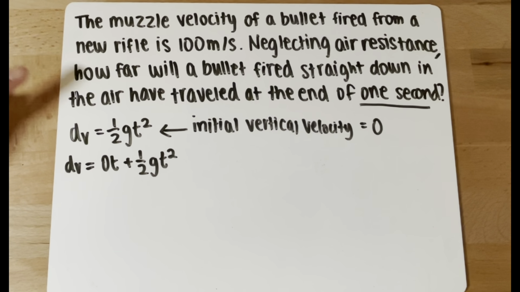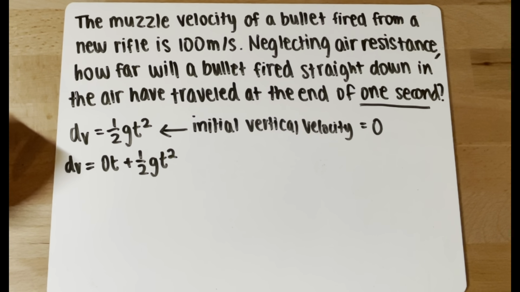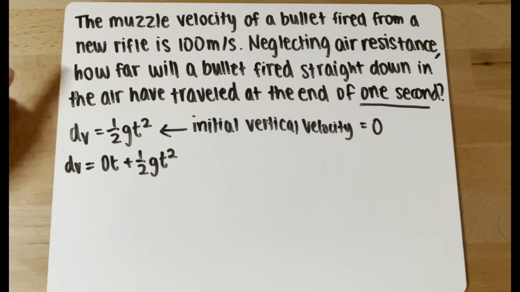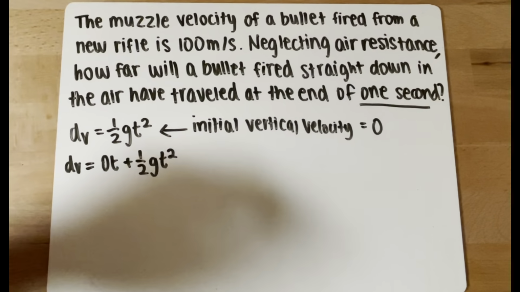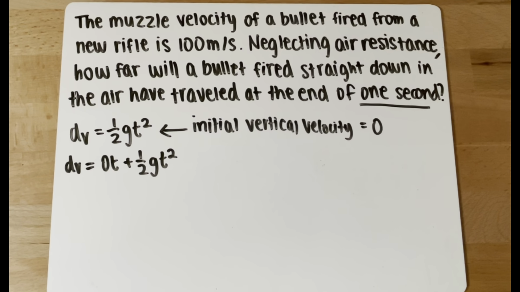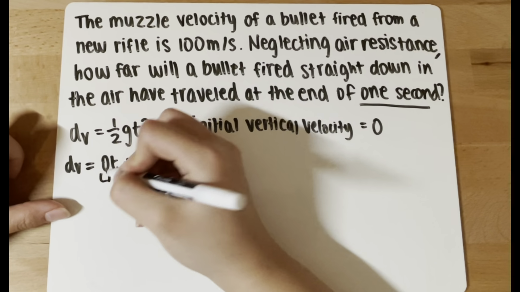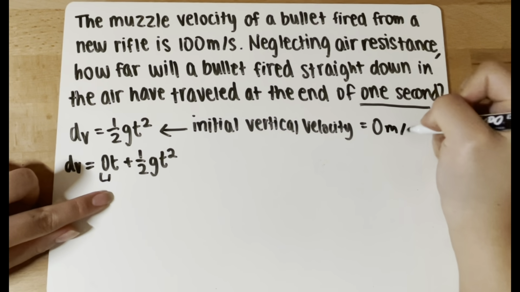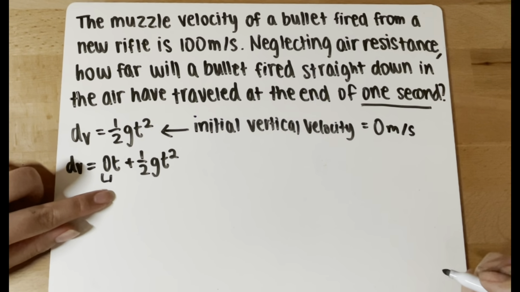So when reading this problem, we know that the muzzle velocity of a bullet fired from a new rifle is 100 meters per second. With that, we could plug 100 meters per second into 0, since we know that 0 was the initial velocity for this equation.